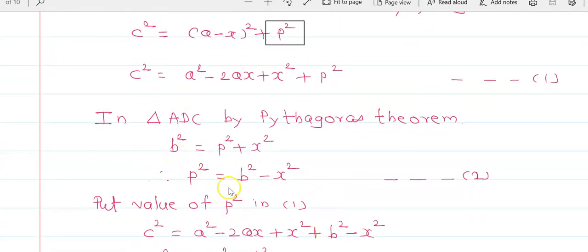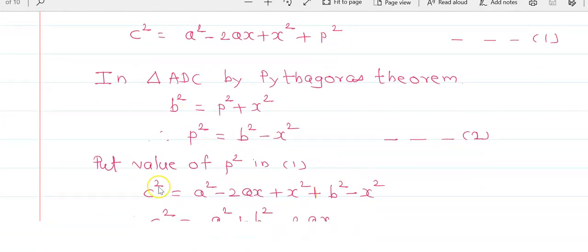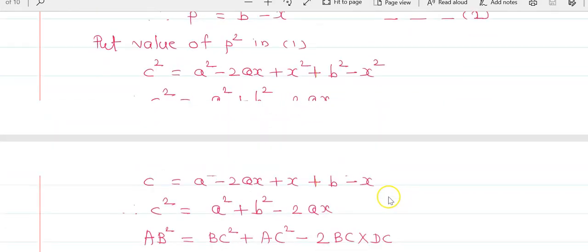Therefore, P square is equal to B square minus X square. We'll substitute the value of P square here, then you will get C square is equal to A square minus 2AX plus X square plus B square minus X square. The plus X square and minus X square get cancelled, and then you will get C square is equal to A square plus B square minus 2AX.